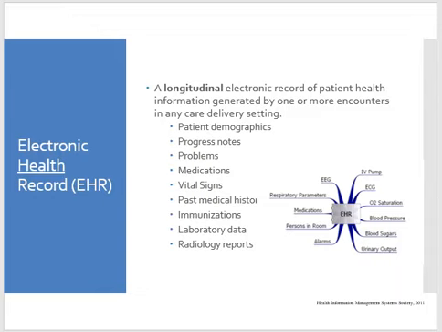An EMR, or an electronic medical record, is one instance of care. So if I have a consult for my pain in my foot, that is on the EMR, which would go into the EHR. The EHR includes the components listed on the slide in the picture, and it's a great representation of what goes into the electronic healthcare record.